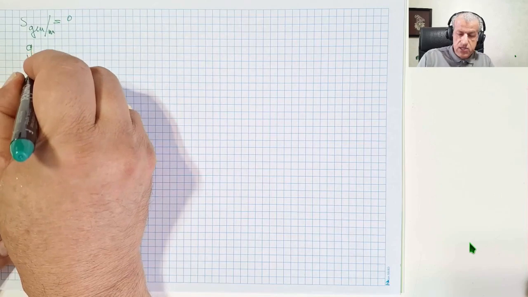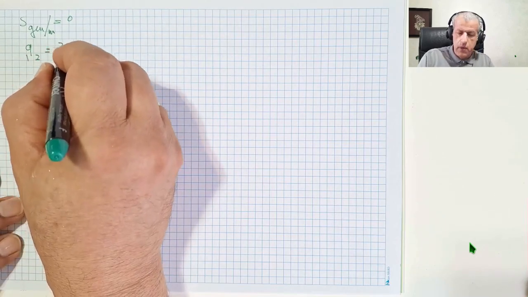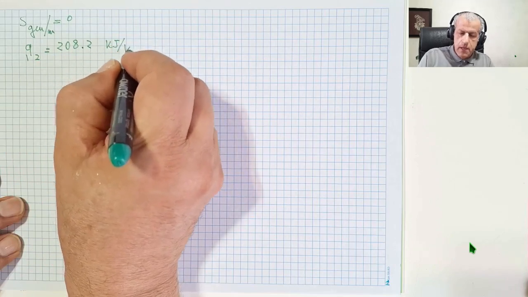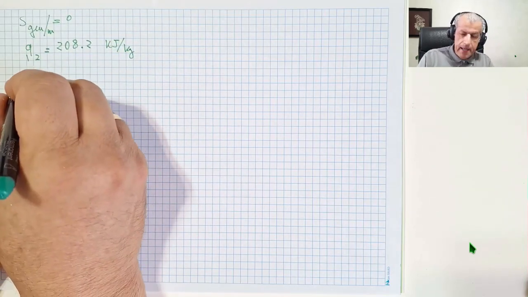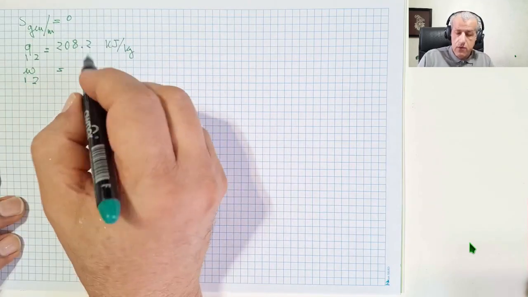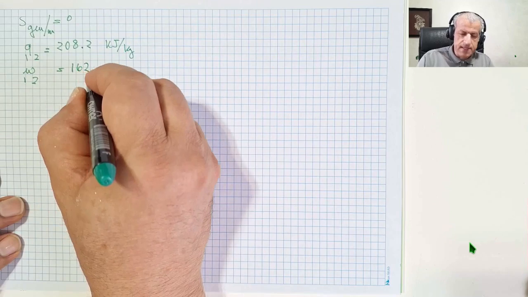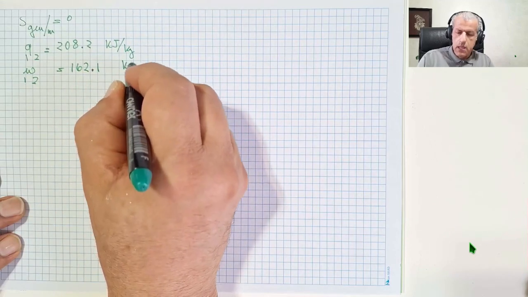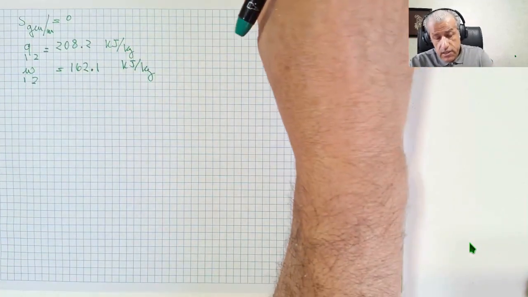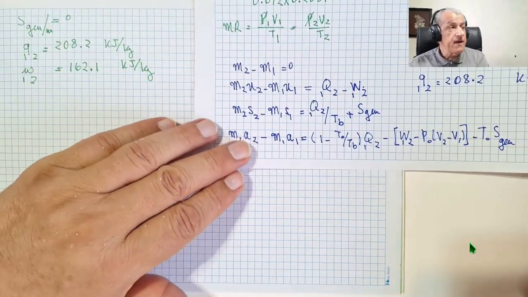Q12 hasn't changed, equals 208.2 kilojoule per kilogram, and W12 now has a new value, 162.1 kilojoule per kilogram. It should certainly change what we have in this equation.